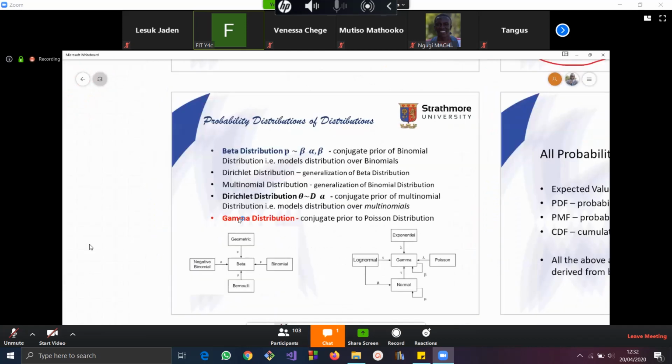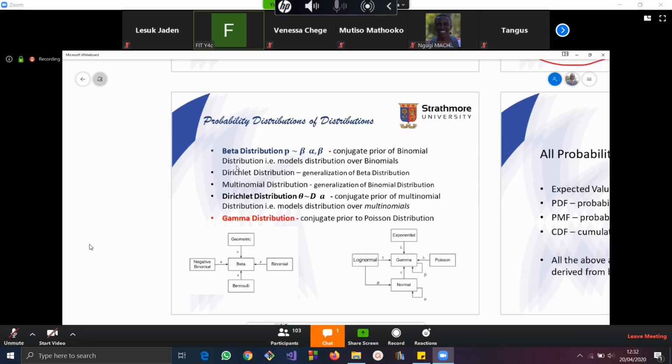A probability is assigned to an event that a random variable will pick a particular value in the sample space. That's the mathematical definition. But now, apart from the probability distribution of a random variable, like what we have looked at up there, there's the probability distribution of a distribution.